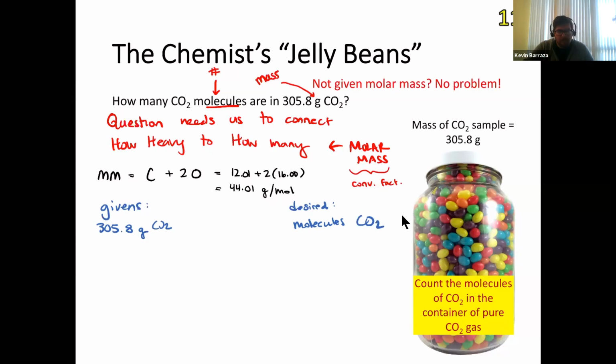So how is this going to work? Well, how heavy to how many means I'm going to use a molar mass. What does that molar mass convert our value to?